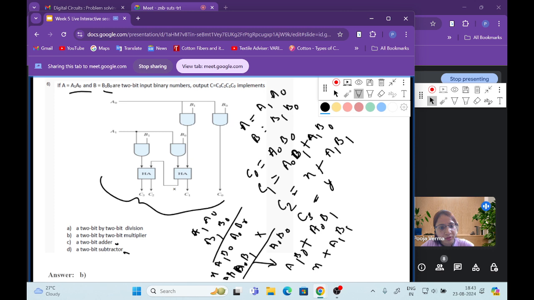If it generates some other carry, it is Y. If we name them, it is C0, C1, C2, and this one is C3, right? If we compare this, it matches the multiplier output. So from here we can say it is a 2-bit by 2-bit multiplier circuit. Okay, so option B is the correct answer.